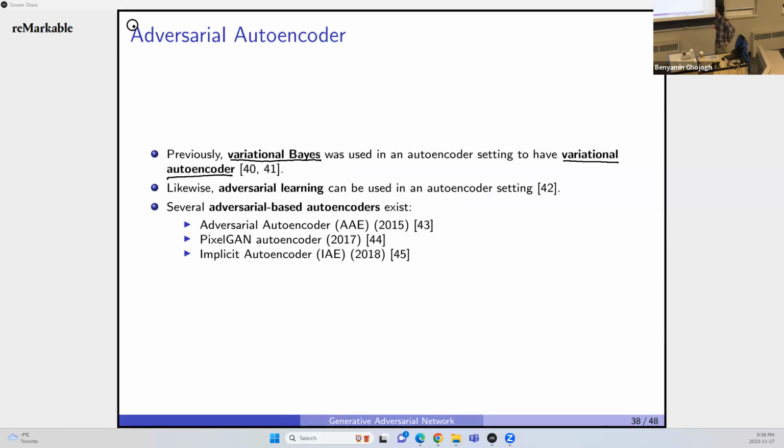But likewise, we can implement adversarial learning in an autoencoder setting to have adversarial autoencoders. There are at least three adversarial autoencoders. One of them is the adversarial autoencoder itself, AAE, proposed in 2015. PixelGAN autoencoder was proposed in 2017, and implicit autoencoder in 2018.